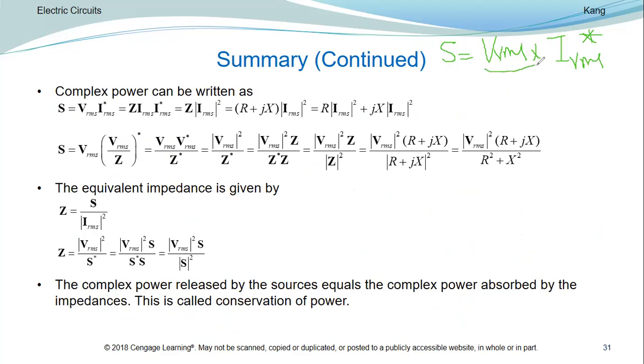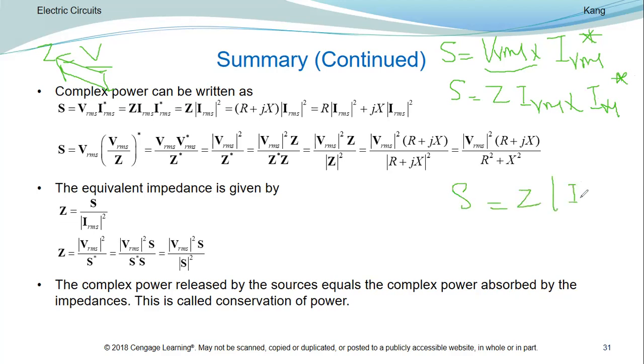Now VRMS, as we know that Z equals V upon I, so V equals ZI. So I replaced it here, so it will be Z IRMS multiplied by IRMS star. You can write that S equals Z with the absolute value of IRMS square.